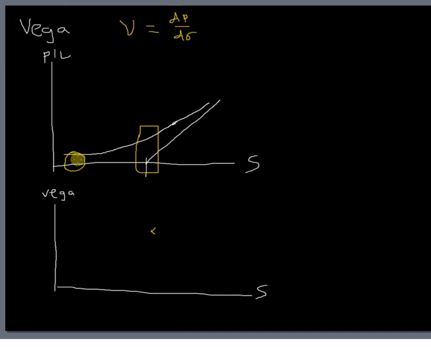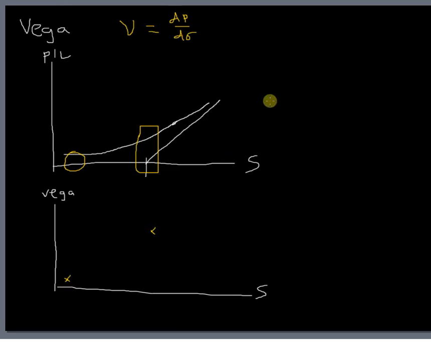Imagine that you are at this point and the option is really more or less worthless. Even if the price is very volatile here, the option is still worthless and eventually you will expire out of the money, unless there's super huge volatility that will move the price above K. So you can imagine that the Vega at this point is really close to zero.